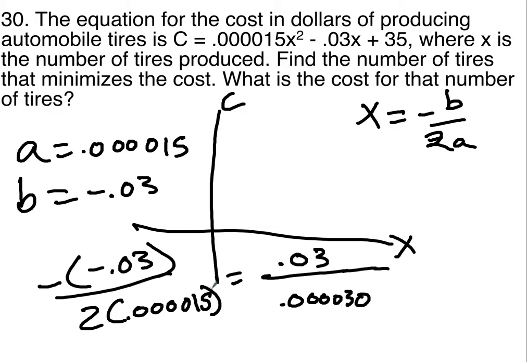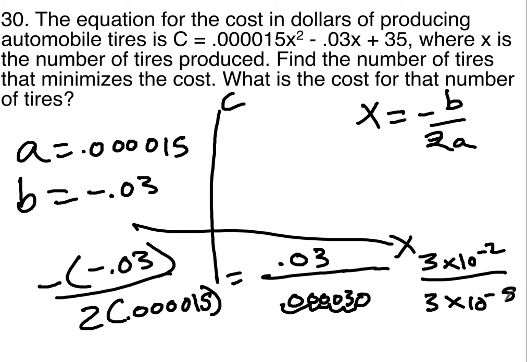I'll go ahead and write that because 2 times 15 is 30. So now this is the same thing as, if I have two decimal places here, 3 times 10 to the negative 2. And this is the same thing as 3 times 10 to the negative 5.